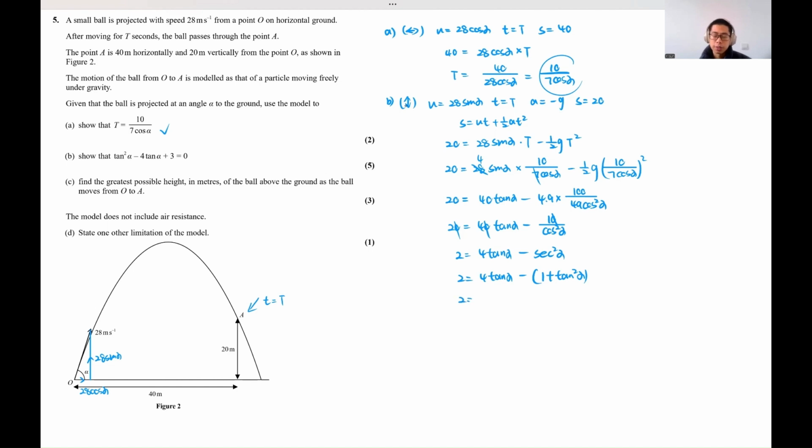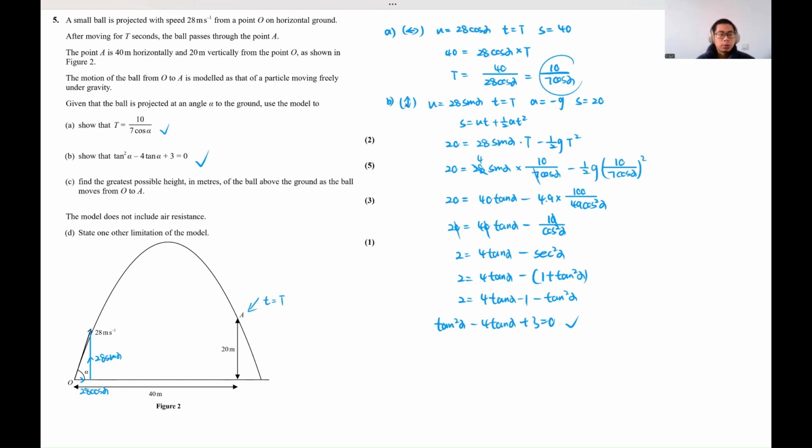So now simplify that, we have 2 equal to 4 tan alpha minus 1 minus tan square alpha. Now move everything to the other side. So plus tan square alpha for both sides, minus 4 tan alpha for both sides, and plus 1 for both sides. Then that would be what we want.